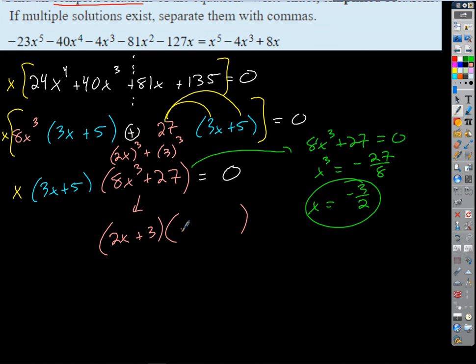4x squared. Minus. Right, we got to follow our pattern. A is 2x, B is 3. So A times B, 2x times 3 would be 6x plus B squared.